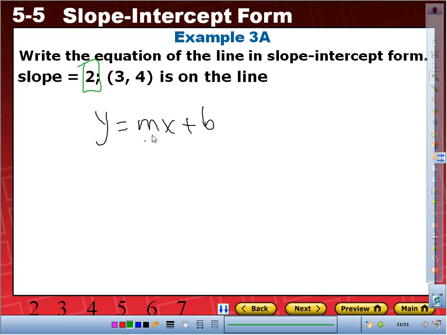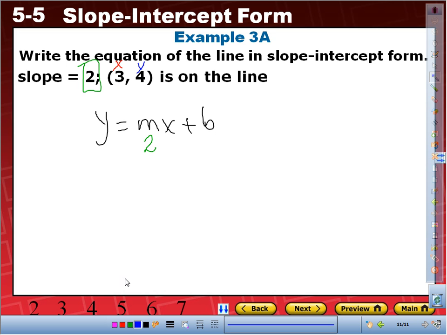That goes right here. However, I do not have a y-intercept, but I do have other information, don't I? In a point, what value is this? X. And what value is the other one? Y. So can we substitute that in there in order to solve for my b?